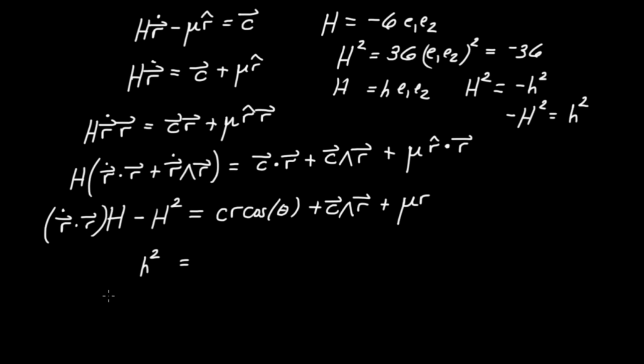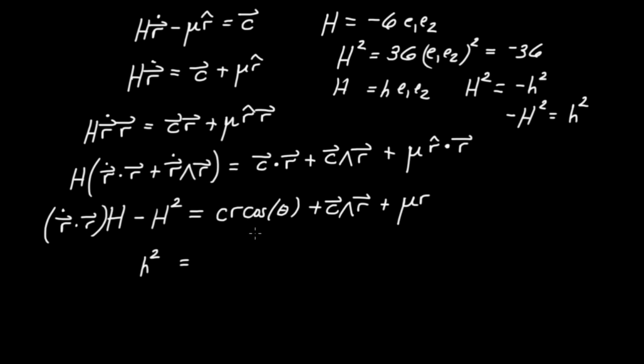Now the next thing I'm going to notice in this equation is that I have both scalar and bivector quantities. I have a bivector, a scalar, a bivector, and a scalar. So on the left and right hand sides, I'm going to set the scalar parts equal to each other. The only scalar part on the left hand side was little h squared.